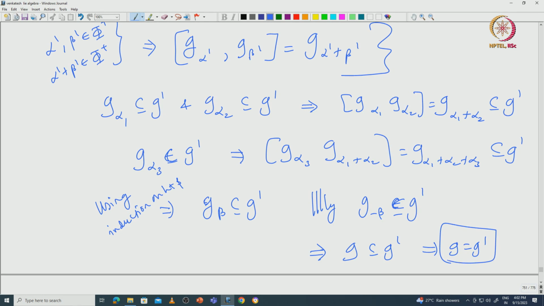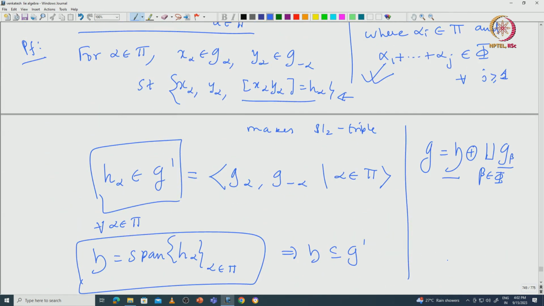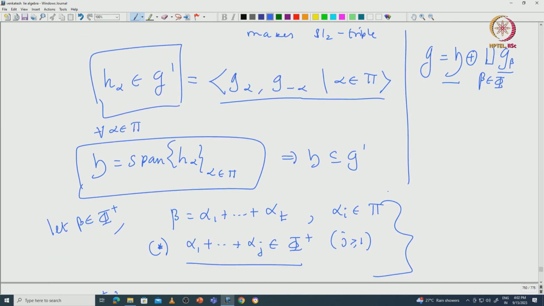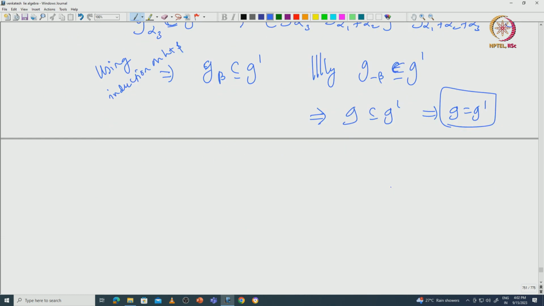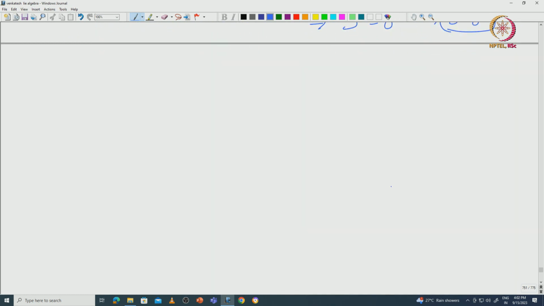So, that means G is generated by all these G alpha, G minus alpha, where alpha is only coming from the base. This is an important observation. Indeed, this observation immediately tells you that the Lie algebra G must have some presentation in terms of these generators.